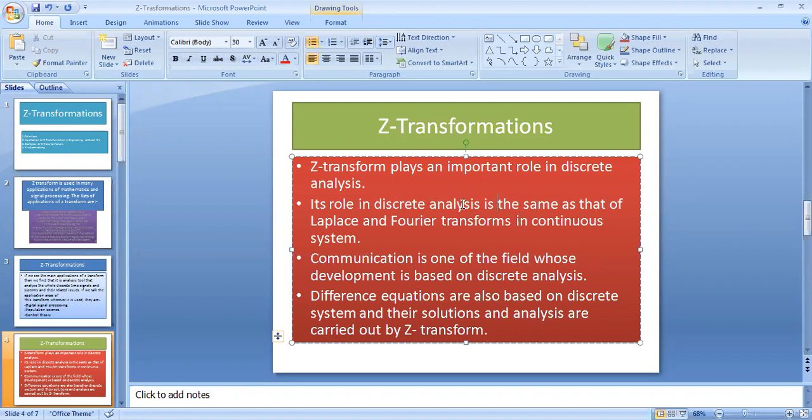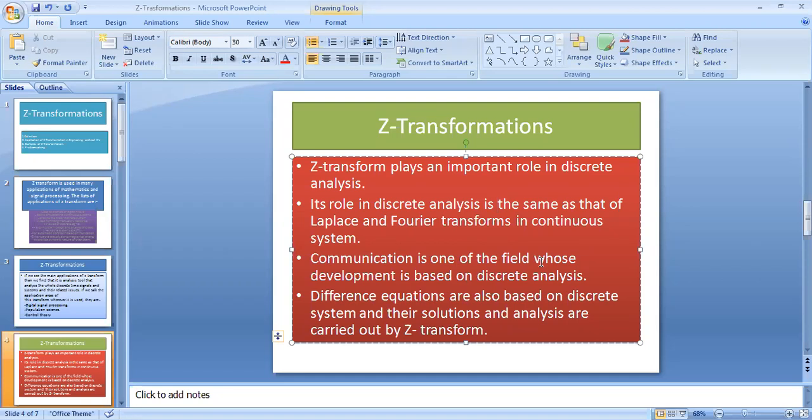That means discrete systems. Another one is communication, one of the fields whose development is based on discrete analysis. As engineering students you must know communication.